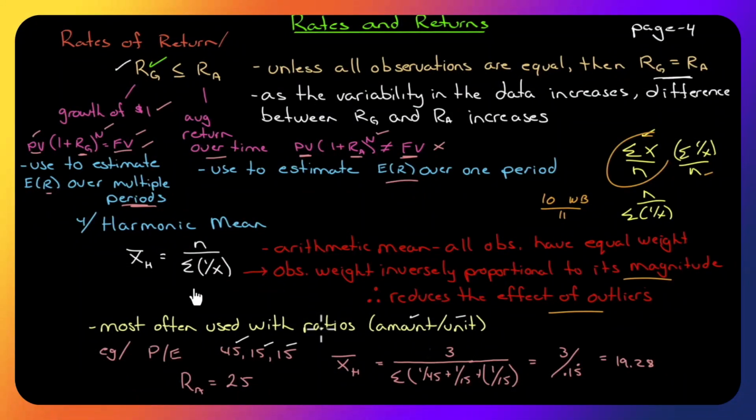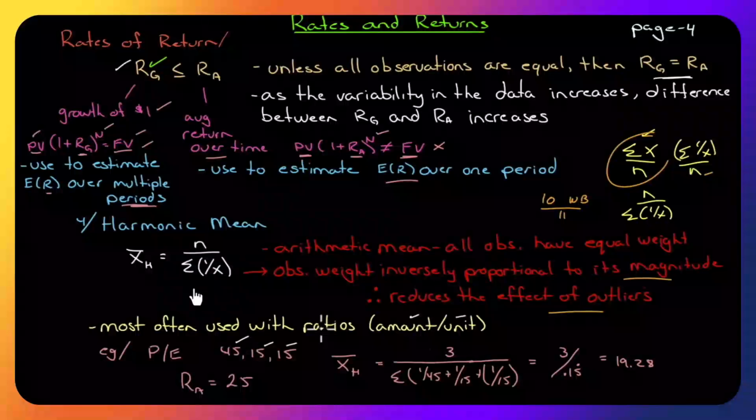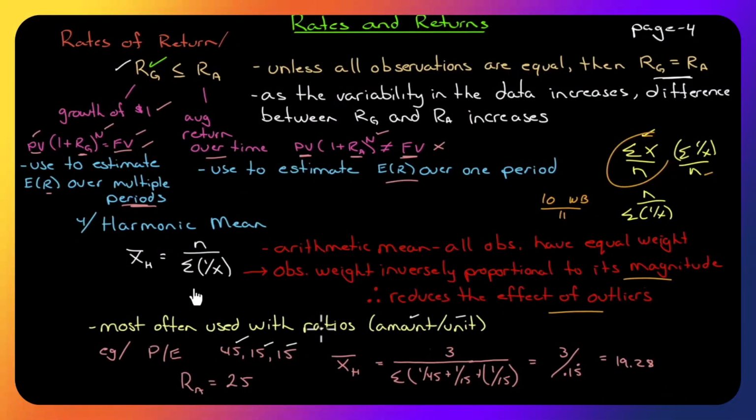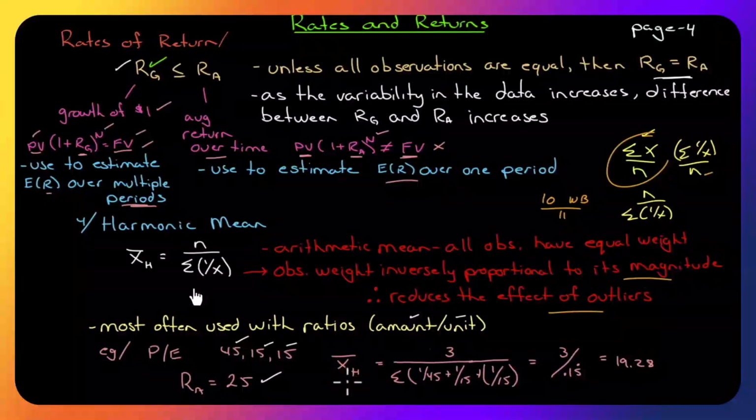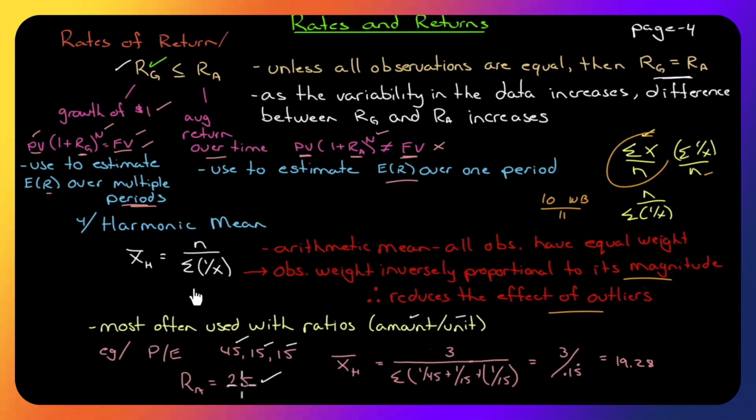There's where you would take the harmonic mean and probably come up with a more realistic average. If we took an arithmetic average of these 3 numbers, we'd have an average PE in the industry of 25. Let's do the harmonic mean. And all we're doing is inverting. So it's the sum of 1 over x. So it's the sum of 1 over 45 plus 1 over 15 plus 1 over 15.